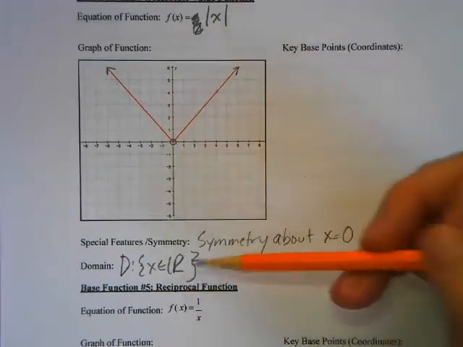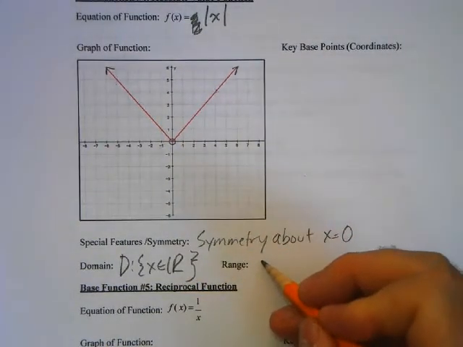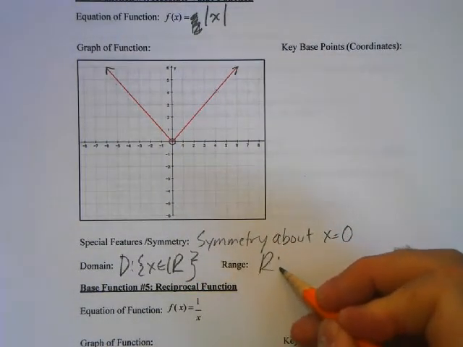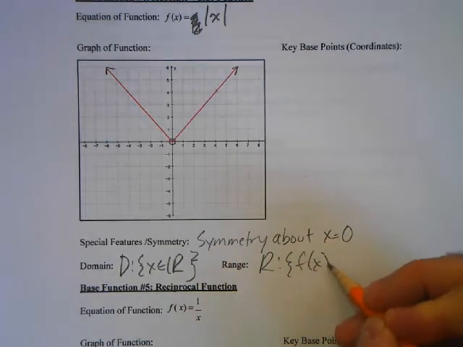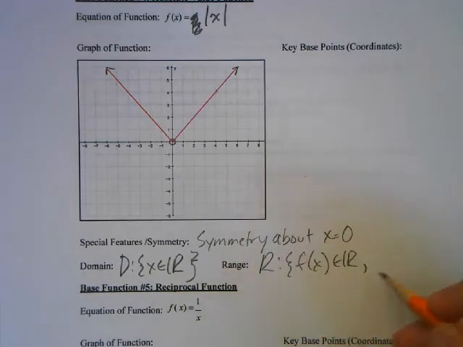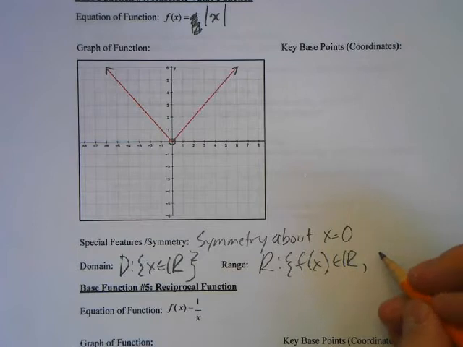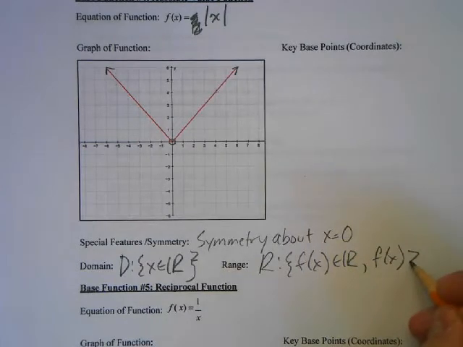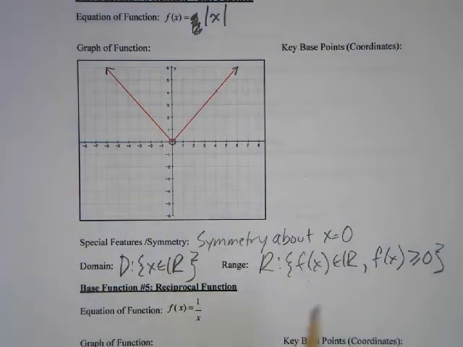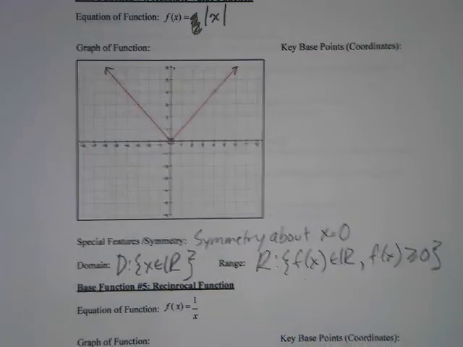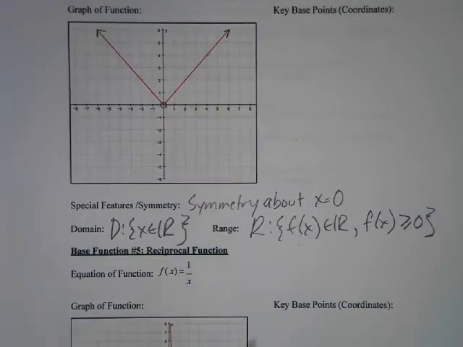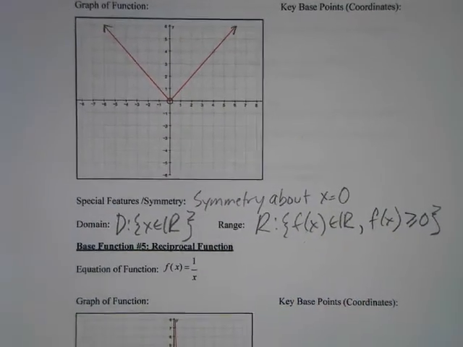It can't be negative. So in terms of the range, we've got f of x is an element of the real numbers, and f of x has to be greater than or equal to 0. And like I said before, if you're still not comfortable with f of x, you could put y here, and I'm okay with that for grade 11. Not so much for grade 12.